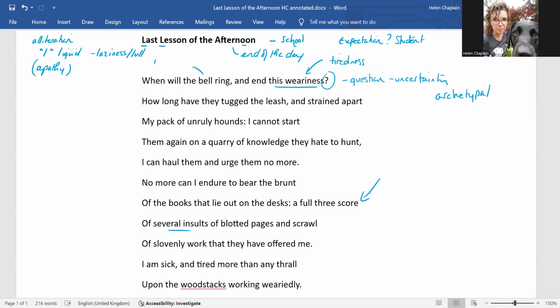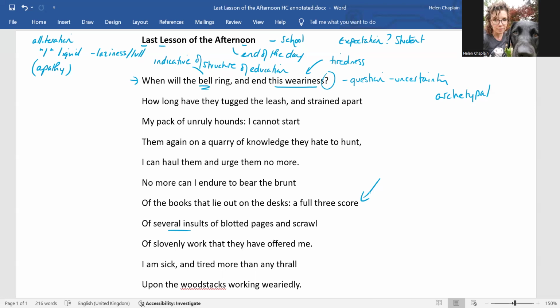Obviously, bells are indicative of the structure of the school day and of that heavily formalized nature of education. So this idea that he's still working within this framework of the rules, the bell becomes a symbol for everything that's constraining him and, in fact, by extension, the students.